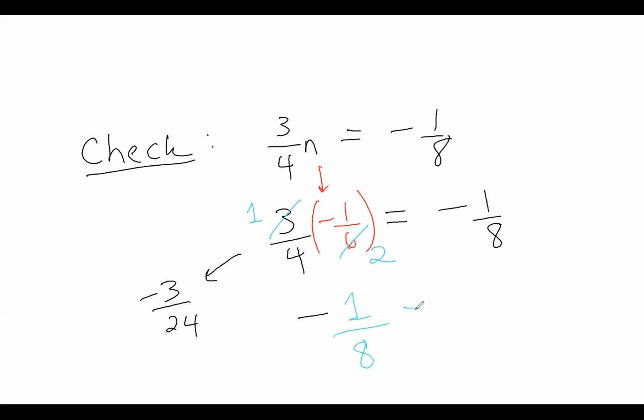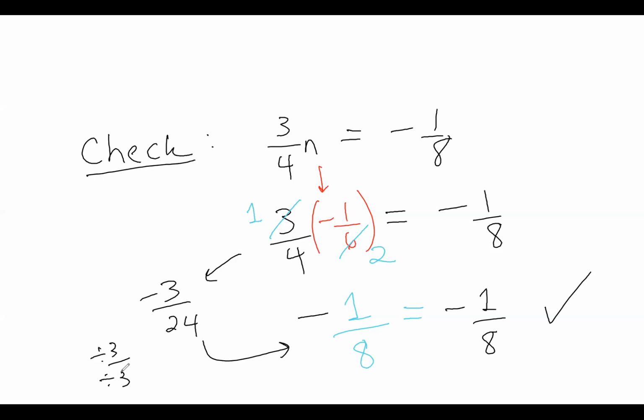So we are getting -1/8 on the left side, which is equal to -1/8 on the right side. So it works. Okay, so if you reduced later that -3/24, you'd still need to divide by 3 in the numerator and denominator to reduce. Okay, so that's what it looks like to check our answer.